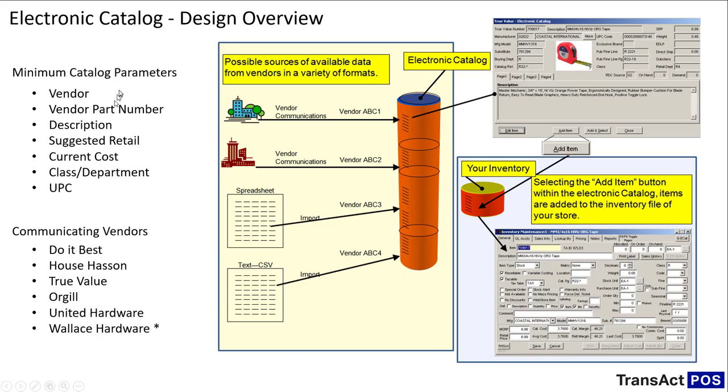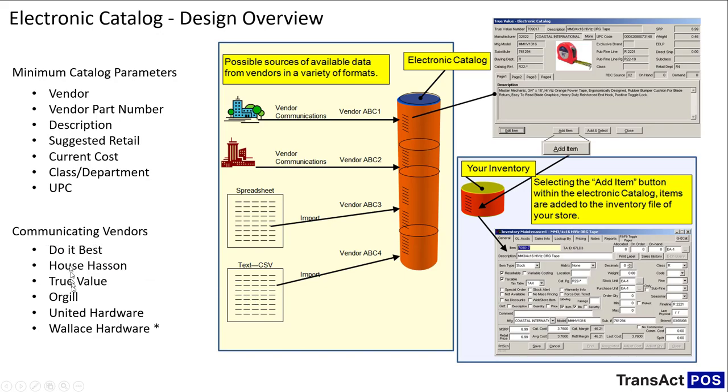But the core of all that information is certainly the vendor part number, description, suggested retail, current cost, as in the replacement cost today, the class/department, and the UPC. Those are typically the minimum units of information that are brought in. The communicating vendors are certainly much broader than that, but that's the core of what these spreadsheet and CSV type imports are based on.